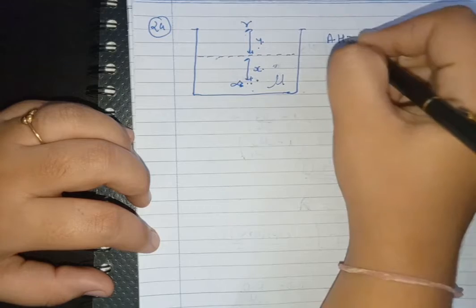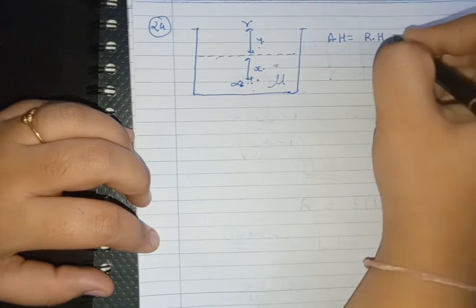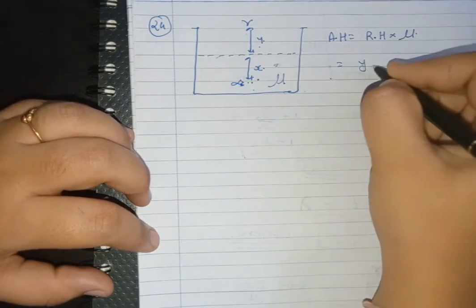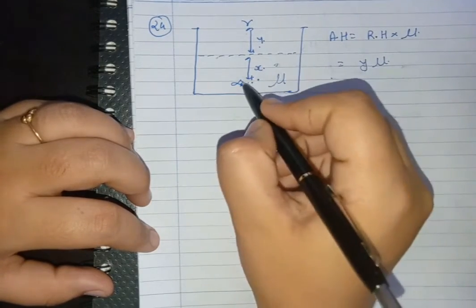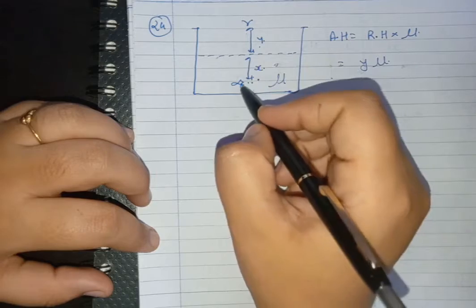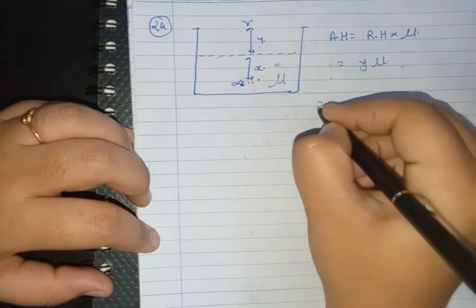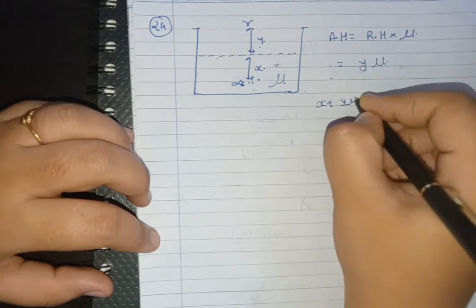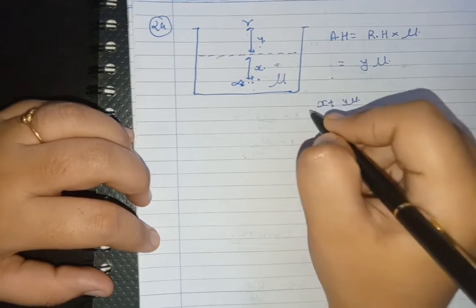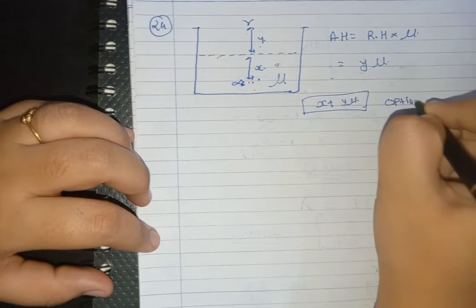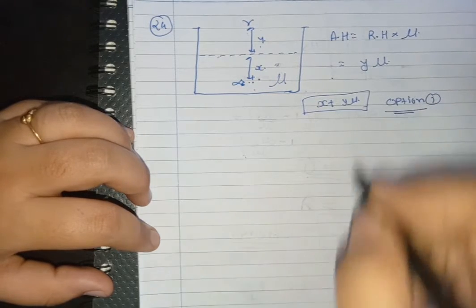The apparent height is equal to real height into refractive index. Real height is y, so y into mu. So total distance of bird from the fish appearing to the fish will be this distance x plus y into mu. So option 1 is correct option.